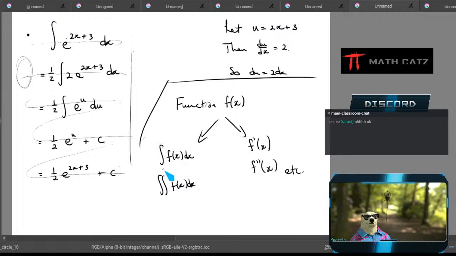This long S comes from the original idea called the Riemann sum, and I do need to keep track of the variable, just like the little d notation keeps track of a variable. So I guess it's a little more appropriate for this versus this.